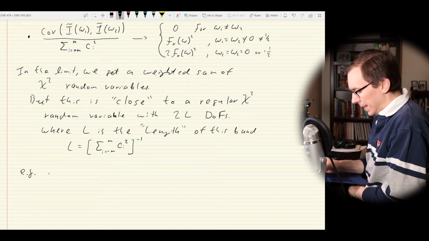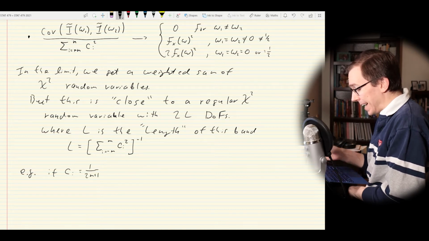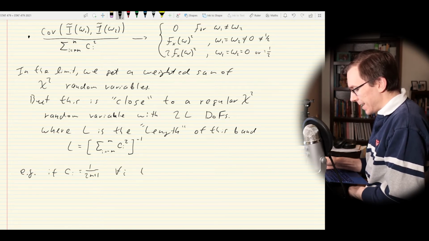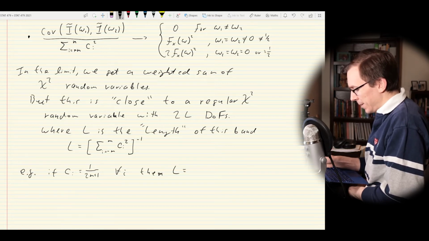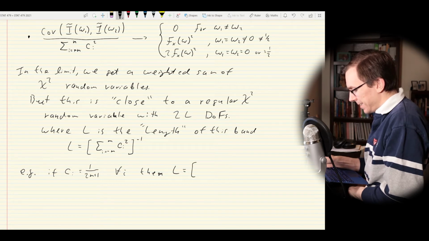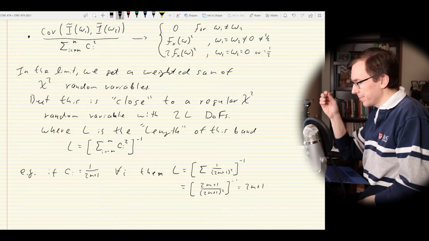For example, if ci is just equal to 1 over 2m plus 1 for all i, then we get a length which is going to look like the sum of 1 over 2m plus 1 squared, to the minus 1, which is 2m plus 1 over 2m plus 1 squared, to the minus 1, which is just 2m plus 1.